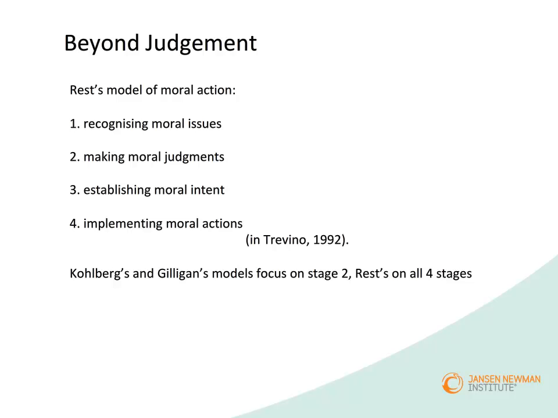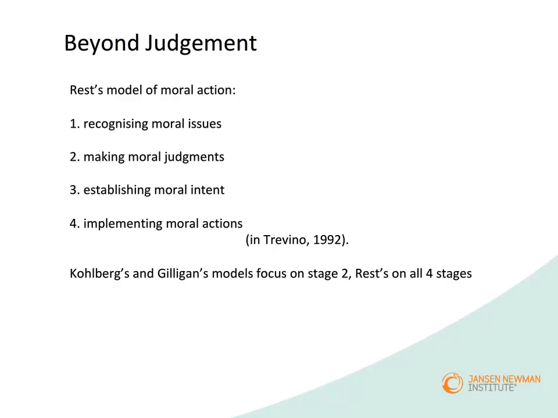So James Rest, who's written some good things, has what I think is a very complete model of what's involved in moral actions. He's saying the first thing is people have to have some ethical awareness. They have to be able to recognize that an issue is a moral issue. The second thing is that they have to have the reasoning capacity.